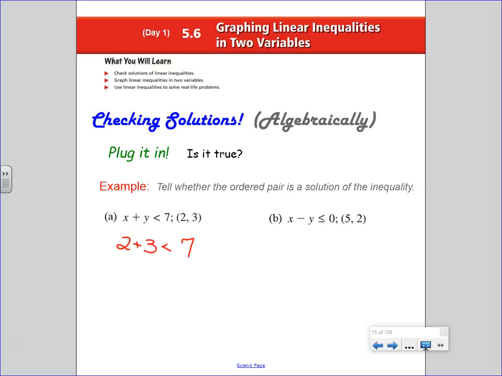Now remember, this isn't an answer, this is my work. I still have to think about the answer. Now, we can mental math it. 2 plus 3 is 5. But I'm asking myself the question, is 5 on a number line less than 7? So is 2, 3 a solution? Yes. Guys, homework is as easy as that.